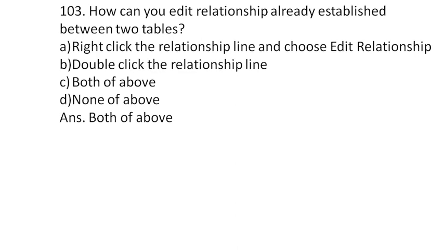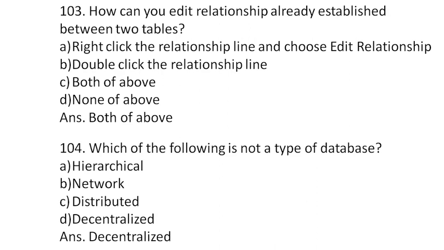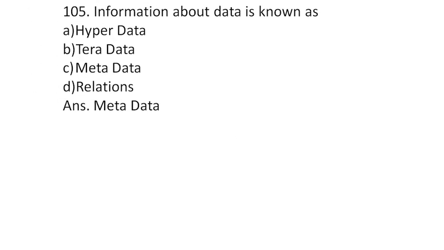Next, how can you edit a relationship already established between two tables? Answer: both of above, meaning option A and option B. Option A says right click the relationship line and choose edit relationship, and option B says double click the relationship line. Next, which of the following is not a type of database? Answer: decentralized. Next, information about data is known as metadata.